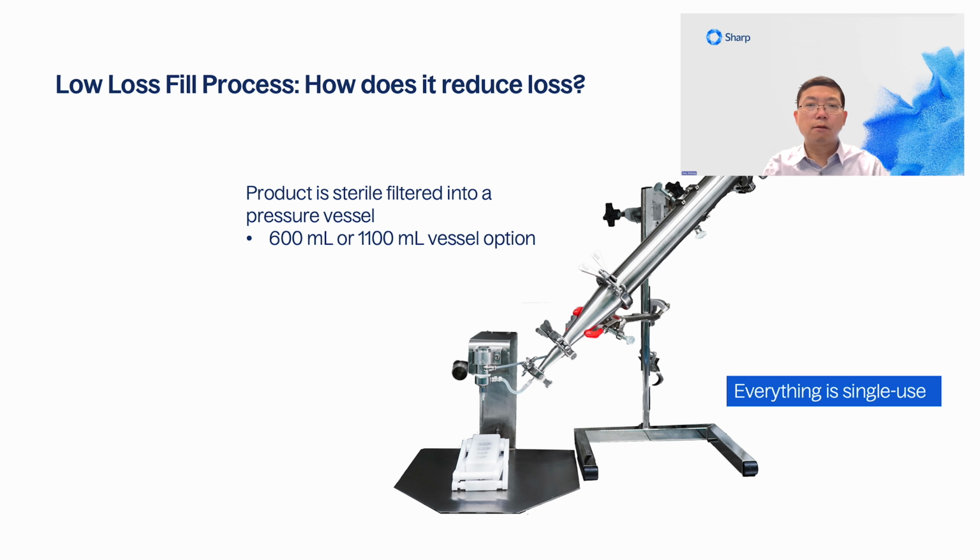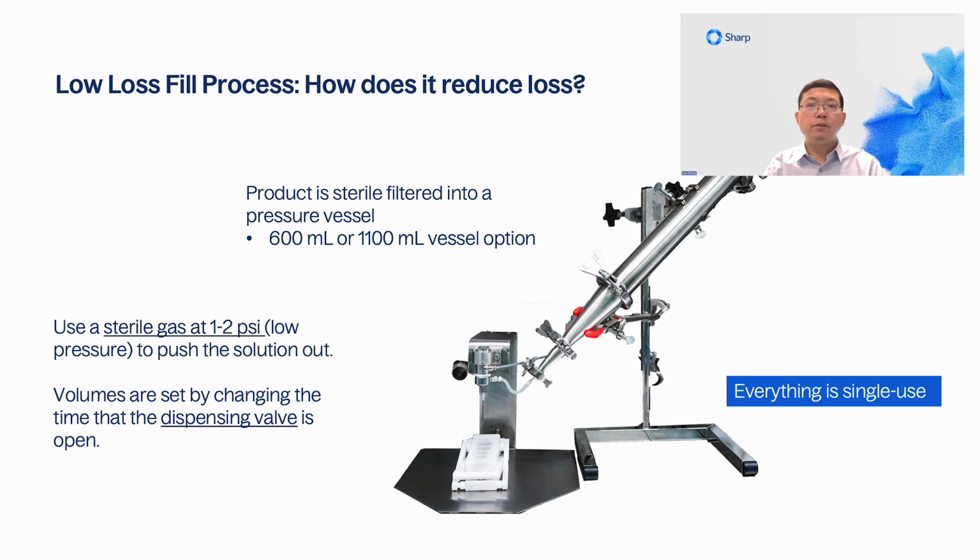The product is collected in the pressure vessel. And then we use stereo gas at a pressure of 1 psi, which is very low pressure, to push the solution out. We use a dispensing valve that is simply opening and closing and opening to the needle, like a door.